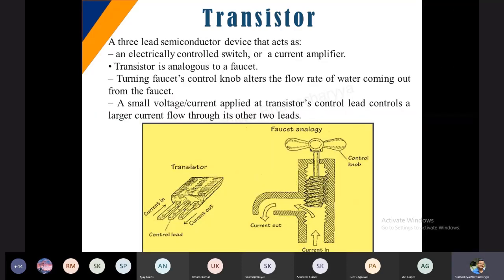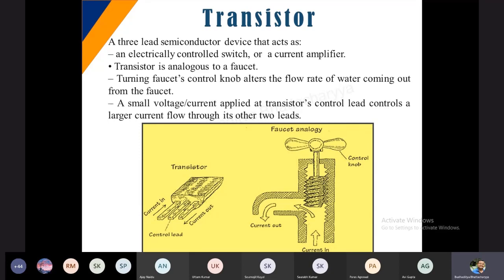So what exactly is a transistor? To understand a transistor, the best example that I thought of, and I think you can relate to it a little more, is to consider it to be a tap, just like a tap back home. You open your tap and the water comes out of it, and then you close it and it stops the flow of water.